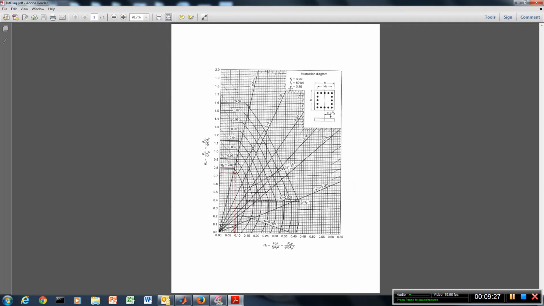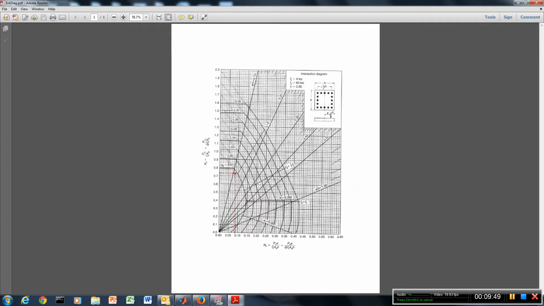The other thing you will notice is that this is the special interaction diagram chart for which this variable gamma is equal to 0.8. Now, how do I know it's 0.8? Well, I don't know it's 0.8, but in this case I'm going to guess that gamma is 0.8.